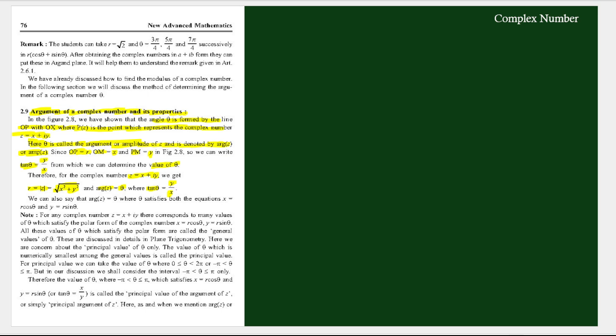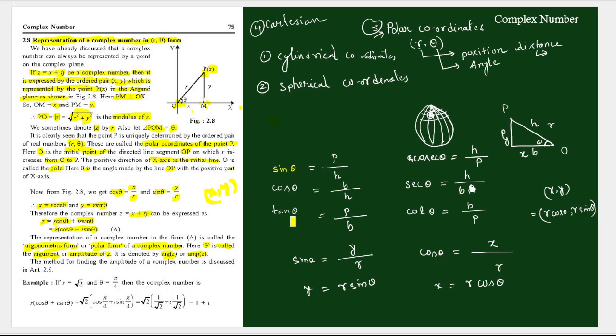Where did this y by x come from? Look here. If you find tan theta, it is p by b. P is what? Your y. B is what? Your x. Perpendicular by base. This y is your perpendicular, this x is your base.